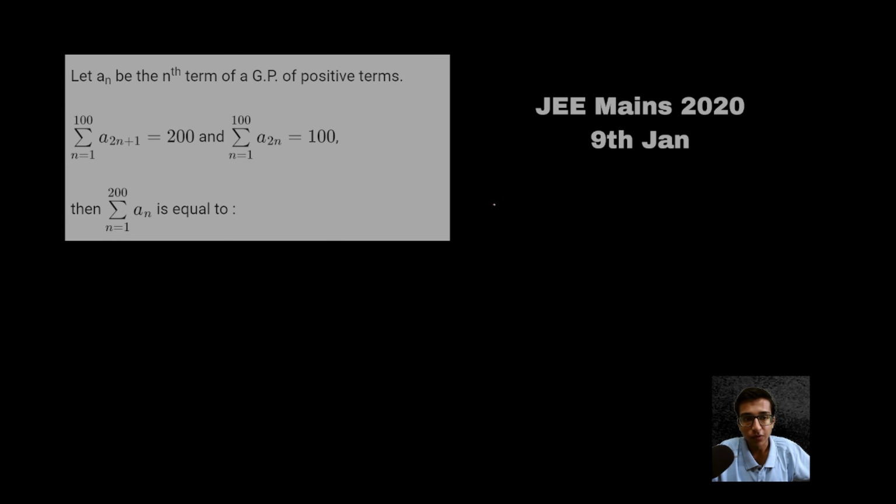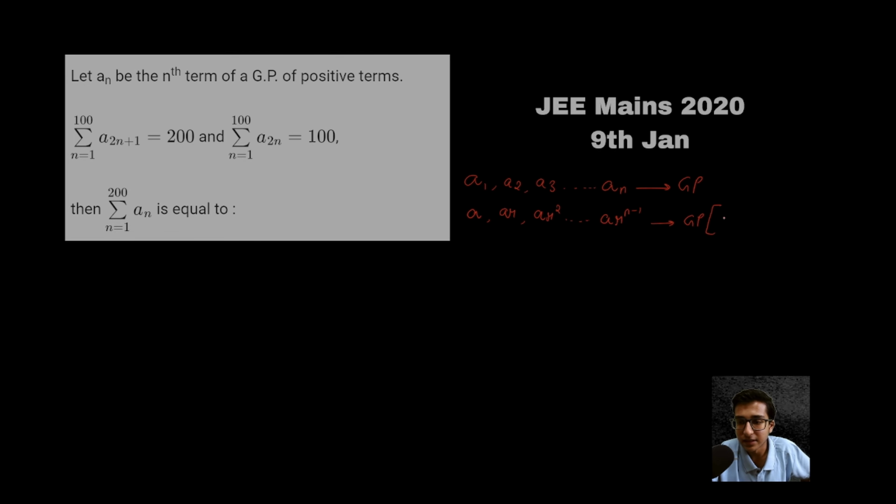So let us first see what has been given to us in the question, and let's write it down so that it becomes easier for us to solve. Let an be the nth term of a GP. That means A1, A2, A3 up till AN is the GP that has been provided to us, and we can write A1 as A, A2 as AR, A3 as AR square up till AR to the power n minus 1.